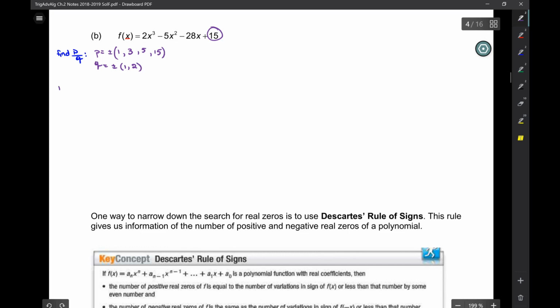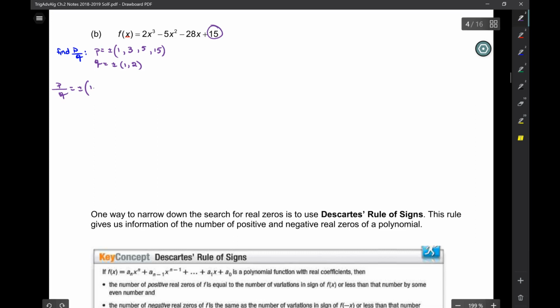So for P over Q, it's going to be the first row divided by 1, and then the first row divided by 2. So again, P over Q is plus or minus, and I open up a parenthesis. It's the first row divided by 1, so you just get 1, 3, 5, and 15, correct?